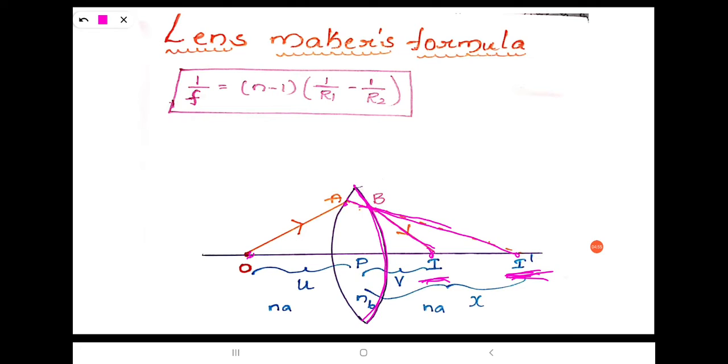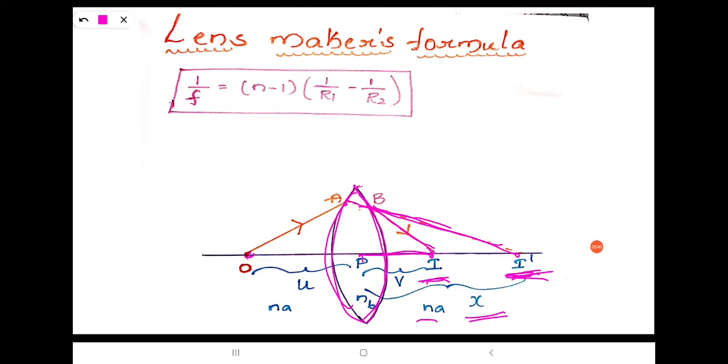To the second refracted ray, the object is I dash, and for the first refracting ray, the object is O. Here the distance from P to O is the object distance, the distance from P to I is the image distance of the second refracting surface, and from P to I dash is the image distance of the first refracting surface, that is X.